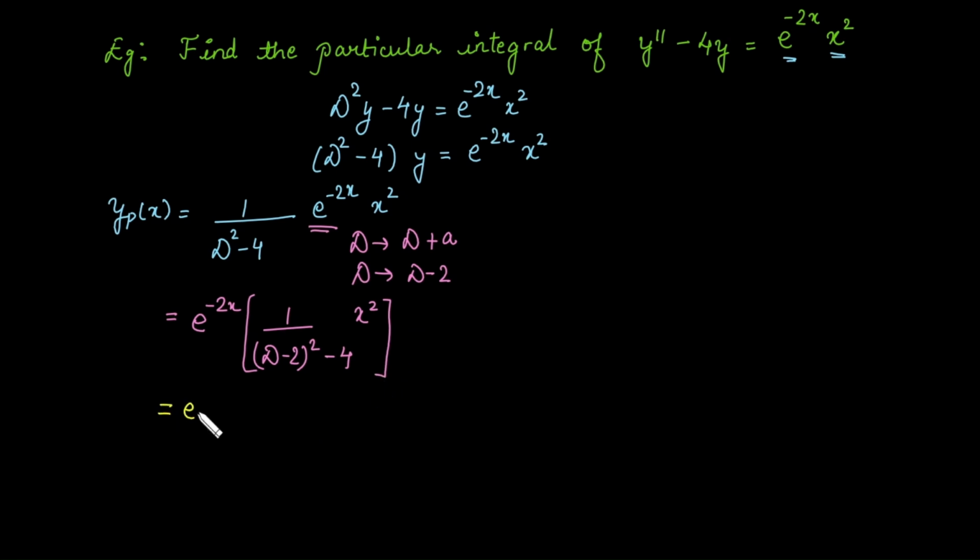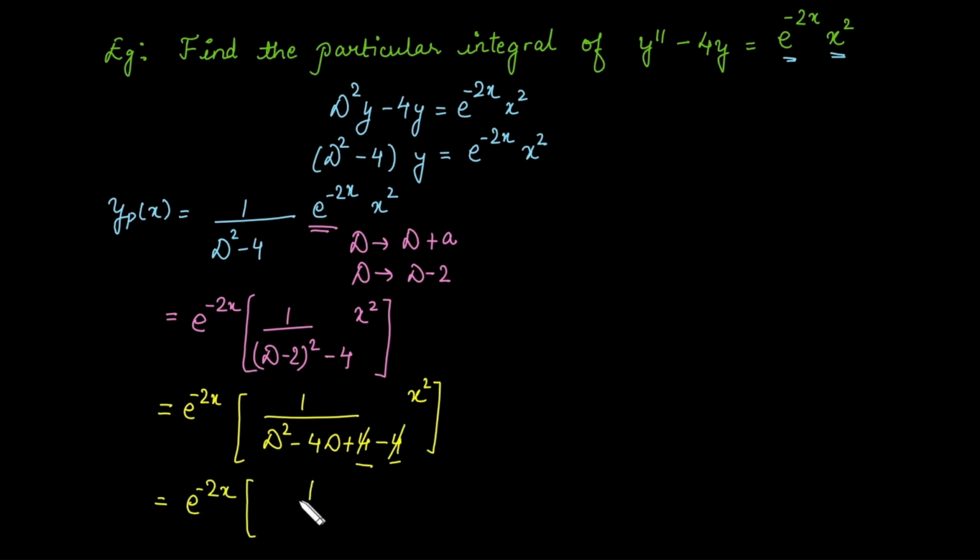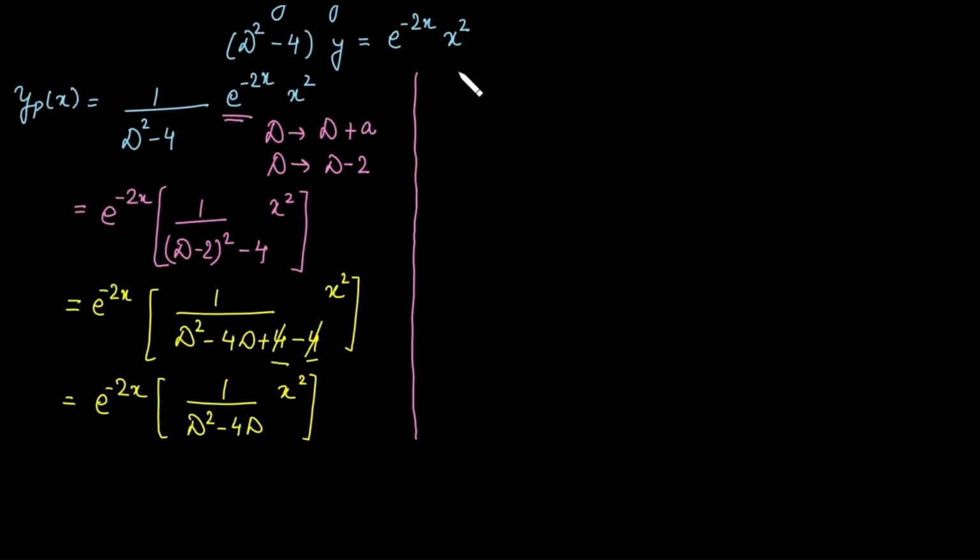This is equal to e raised to power minus 2x, 1 upon D square minus 4D plus 4 minus 4, x square. So plus 4 and minus 4 will get cancelled out. This is equal to e raised to power minus 2x, 1 upon D square minus 4D, into x square.